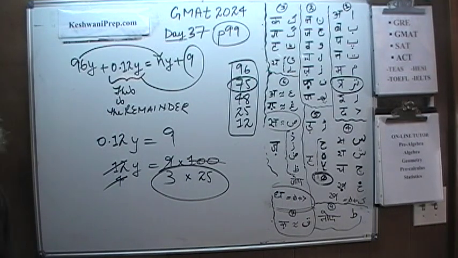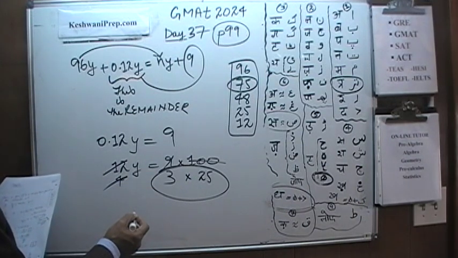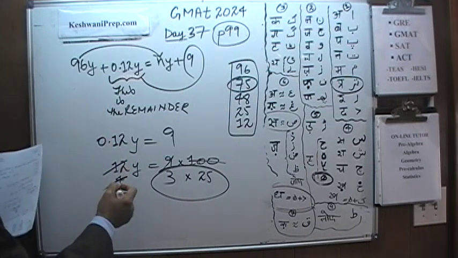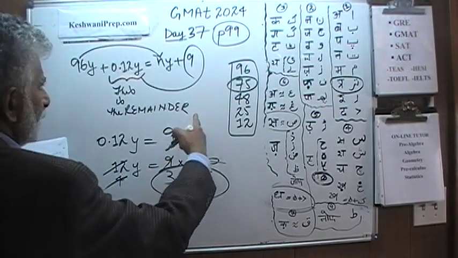So the division that we were looking for looks something like this. We know y now is 75, which we got right here.